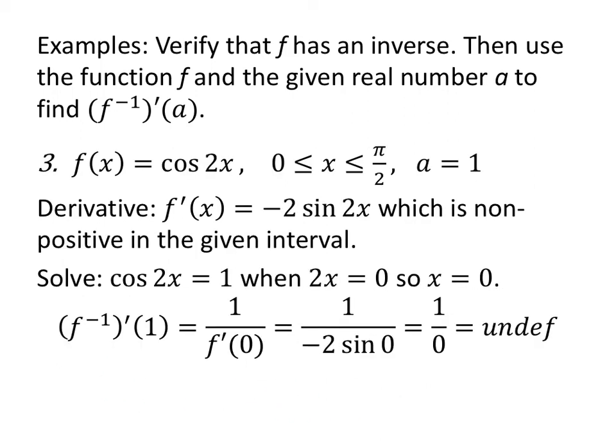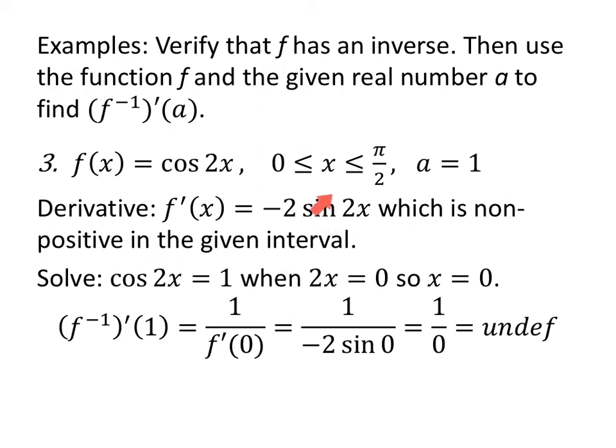Last example. If f of x is cosine of 2x on the interval from 0 to pi over 2 and an a value of 1, first thing we'll do is use the chain rule to find the derivative. F prime of x is negative 2 sine 2x, and negative 2 sine 2x is non-positive in the given interval, right?